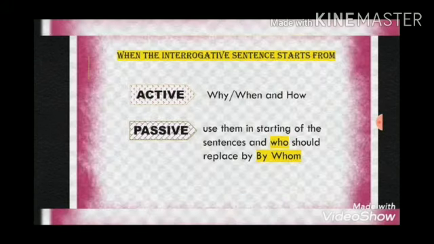Next, when the interrogative sentence starts with why, when or how, this is a WH question. In passive voice, we have to use them at the start of the sentence, and who should be replaced by whom. This is the important thing. Who should be replaced by whom.